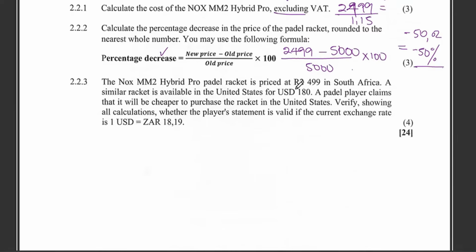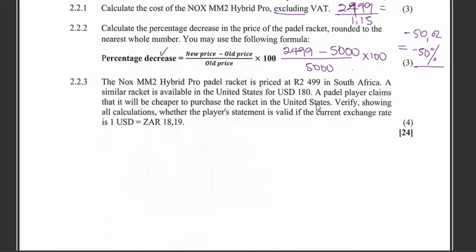Question number 2.2.3. Nox MM2 padel racket is priced at 2,499 rands in South Africa. A similar racket is available in the United States for 180 US dollars. A padel player claims that it will be cheaper to purchase the racket in United States.